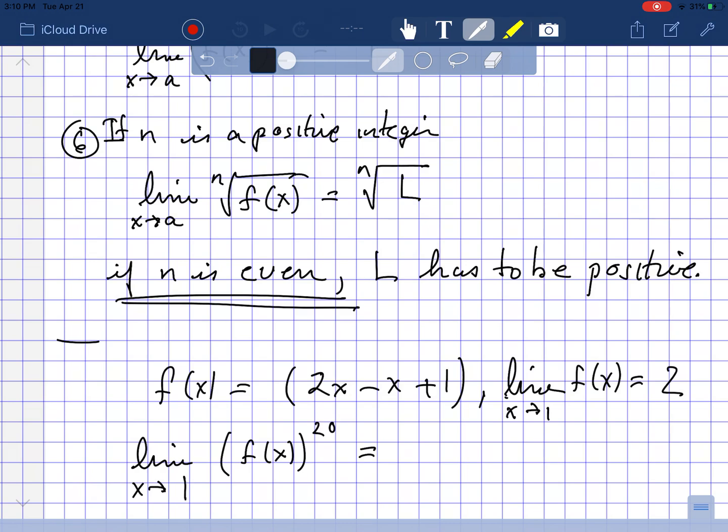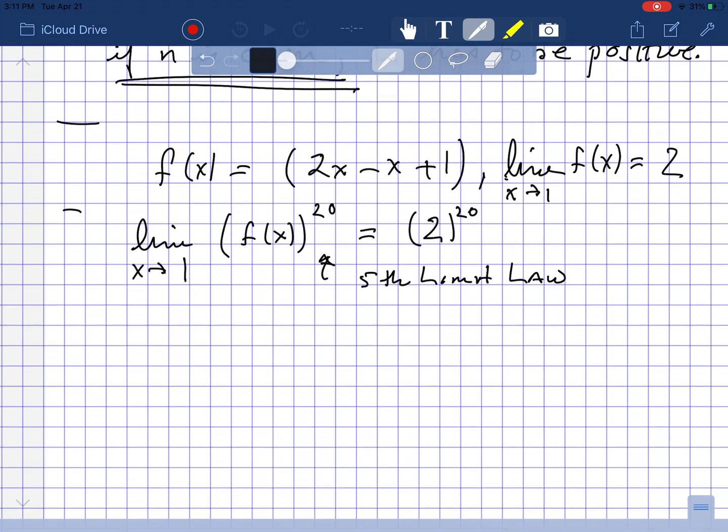Now, my 5th limit law tells me that this limit here is going to be 2 raised to the 20 power. This is example 1.